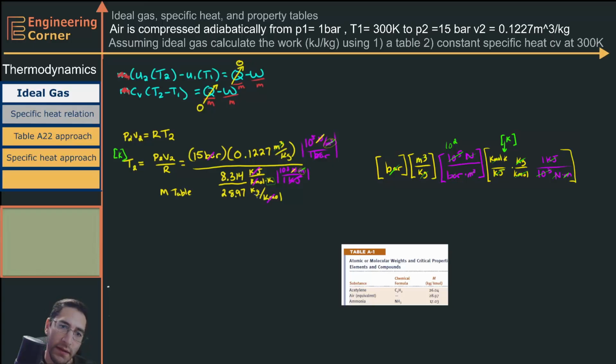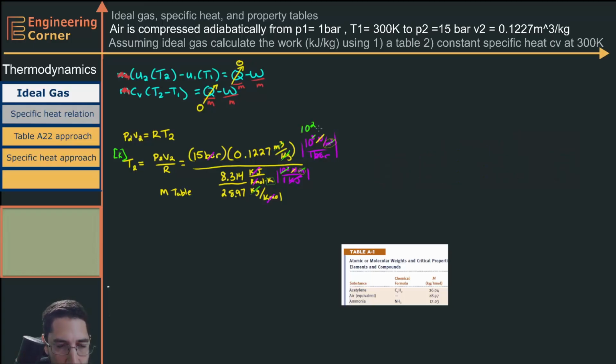And then the kilogram cancels with that kilogram. And this 10 to the 3rd cancels with this, so we are left with 10 squared. And that should be it.